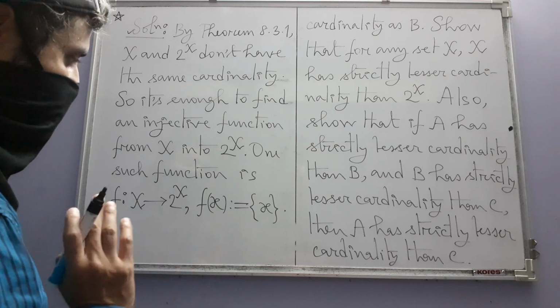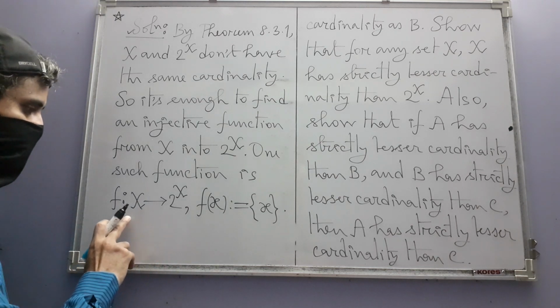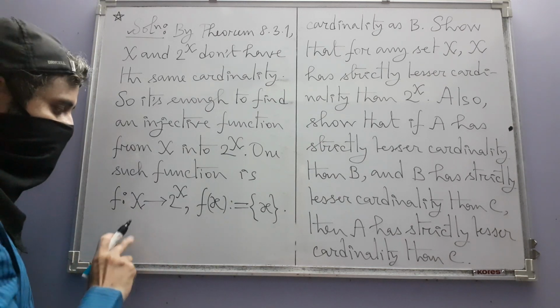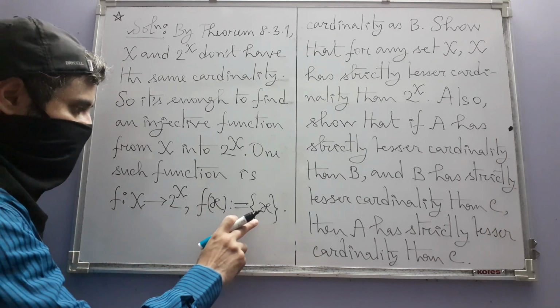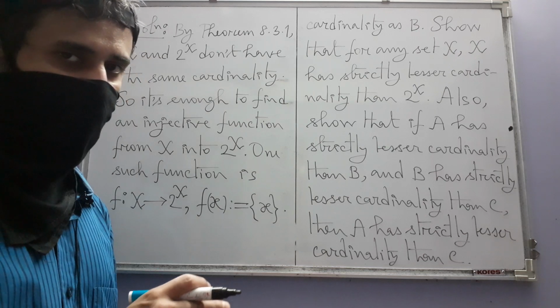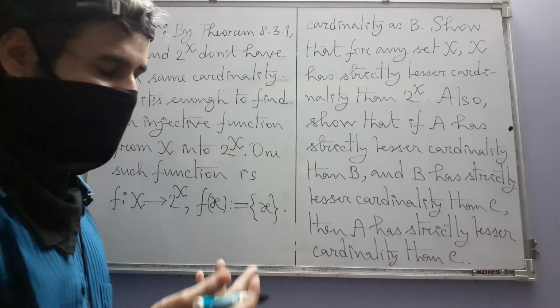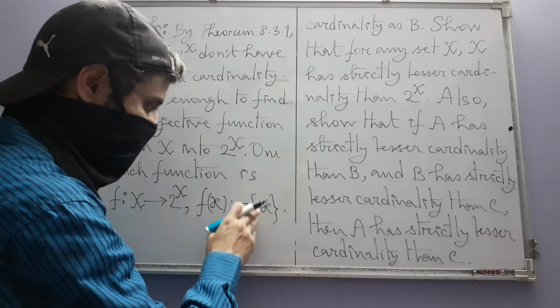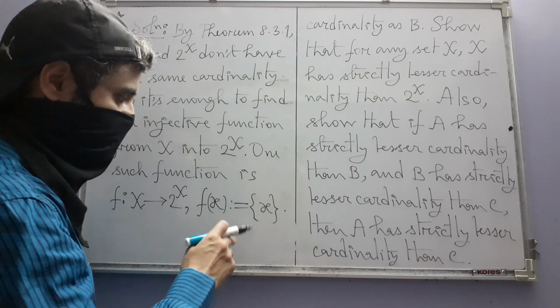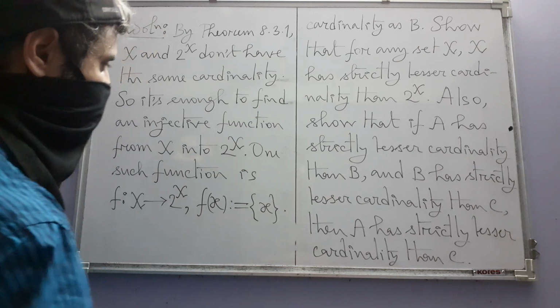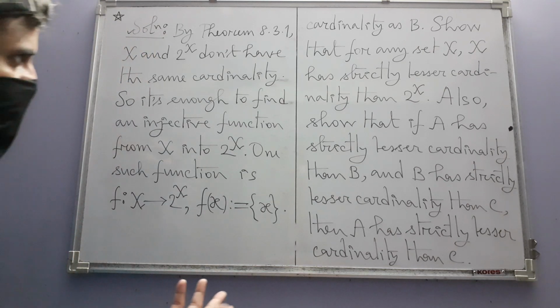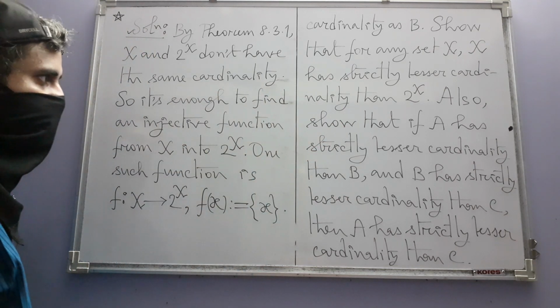And then is it one-to-one? Say you take two distinct elements x and y in X, then their f images are the two singleton sets, one consisting of x and the other consisting of y. Because the elements themselves are distinct, the singleton sets are also distinct subsets. So yes, the function is one-to-one. That is one half of the claim.